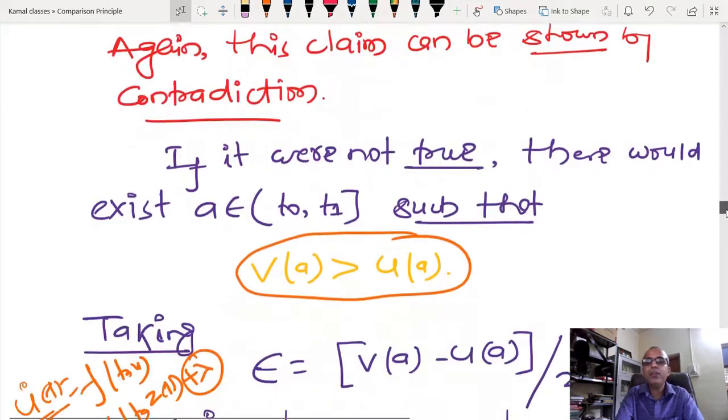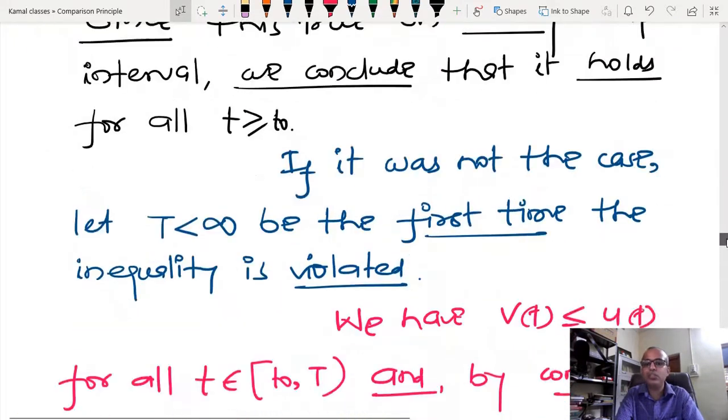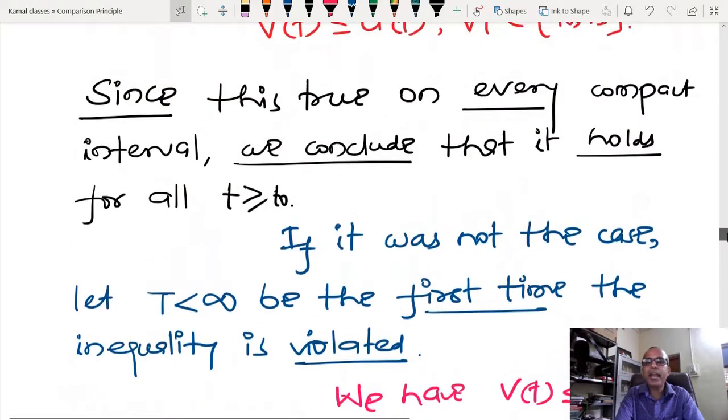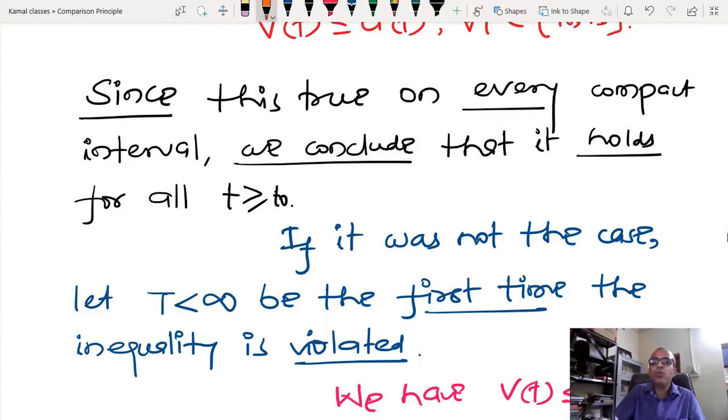So in this way we have established the proof between t0 and t1, but further I have to establish this proof for all t, whenever capital T tends towards infinity. For all time this inequality must be satisfied, and we have to prove that. Since this is true for every compact interval, you can replace the argument with any compact interval, any time interval.